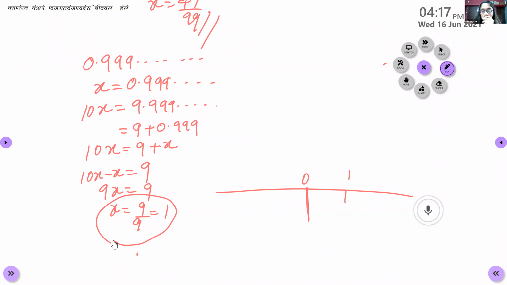When we multiply 0.999 by 10, what will happen? 9.999. Then we are splitting into two terms, 9 plus 0.999. That is our x. Clear?